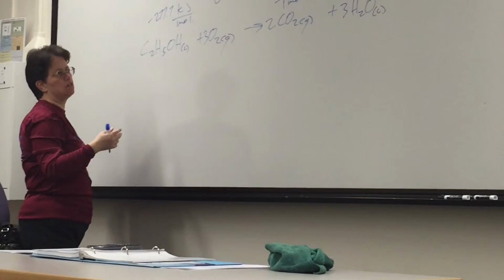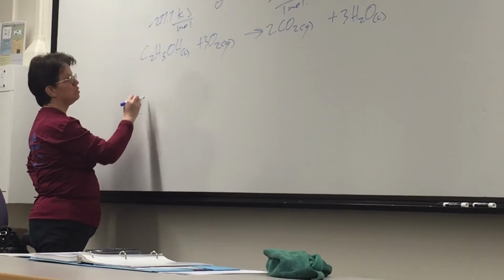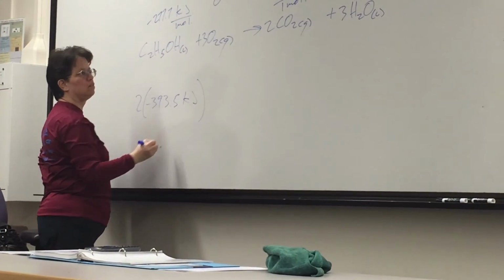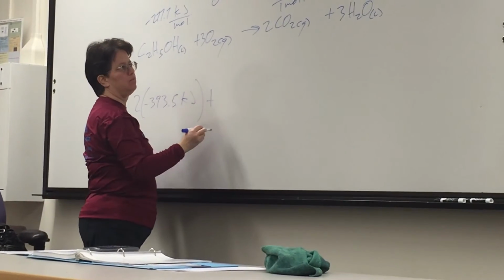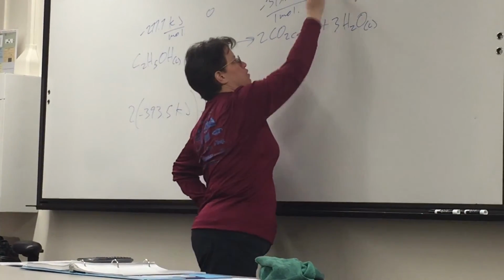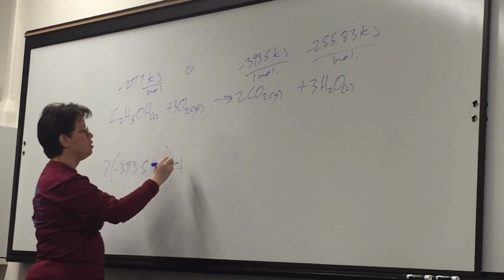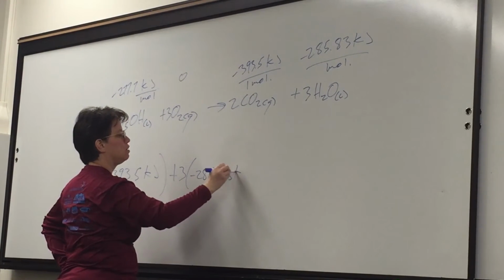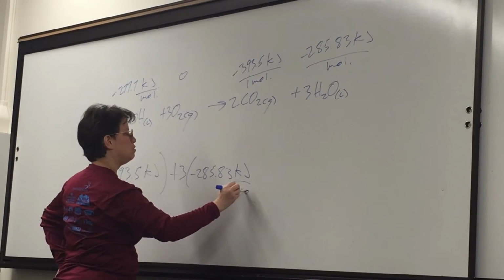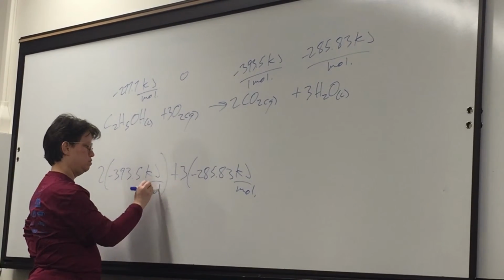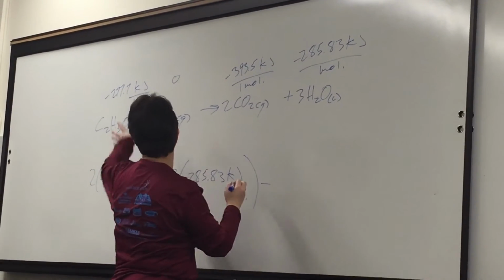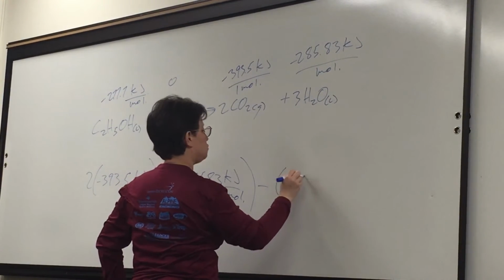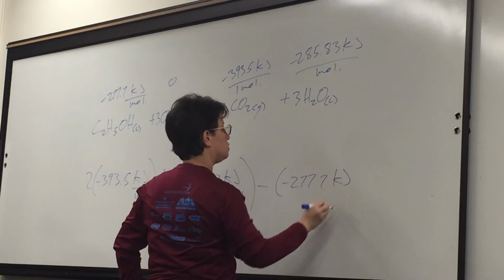Products minus reactants then will be 2 times a negative 393.5 plus, let's see, this was negative, right? Make sure I get all my signs in there. 3 times the negative 285.83 kilojoules. Then minus our reactants is a negative 277.7 kilojoules.